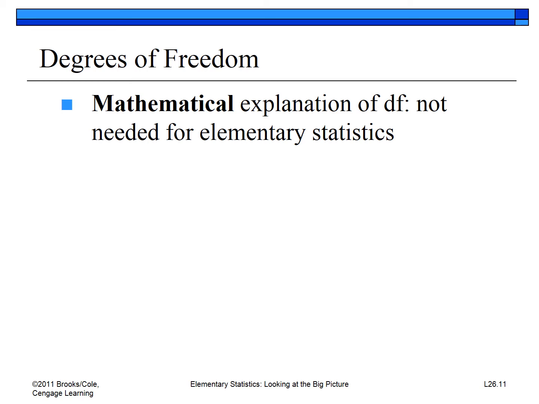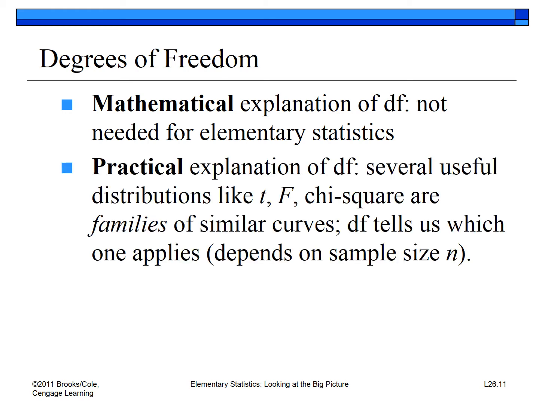When we talk about degrees of freedom, we're talking about a number that's associated with the t distribution. Why it's called what it is called is not really important for our purposes in this class. But many of the distributions that we're going to look at between now and the end of the semester, t, F, and chi-square, there's not one single distribution that has those names.